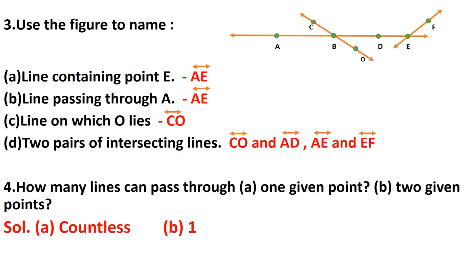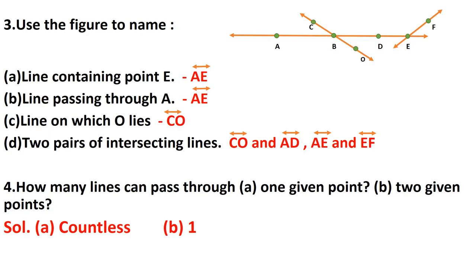Means from point A, first of all write down all the 3 lines which we can make: AB, AC, AD. Now go to B: BA, BC, BD. With B also I am writing all 3 lines. Now the same with C: CA, CB, CD.